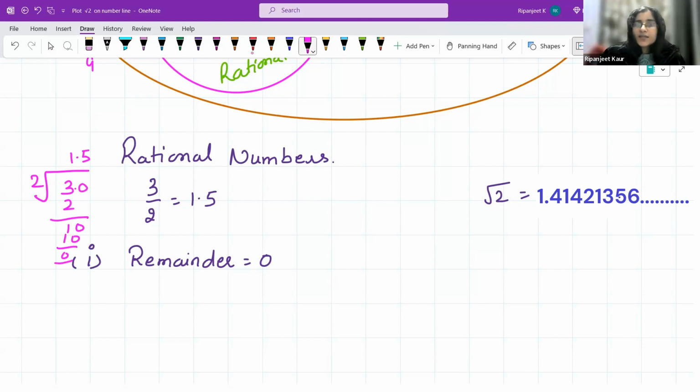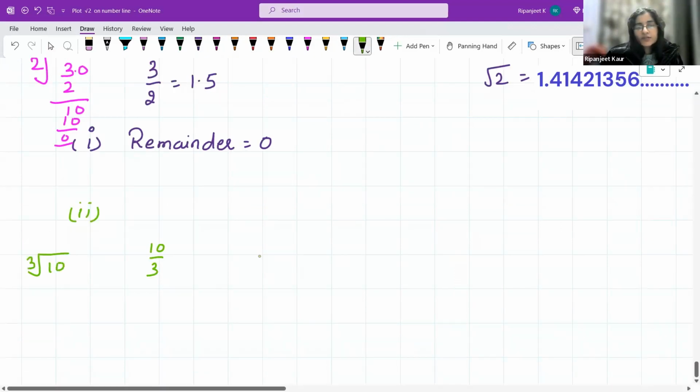Now, what is the second case? Well, the second case is dividing 10 by 3. 3 3s are 9. 1 is left. We put a point here, 0, and then we take down this 0. 10 again becomes 3, then again 9. 1 is left. Take down 0. Again it goes on, 3, 9, and then again 1 becomes 10.